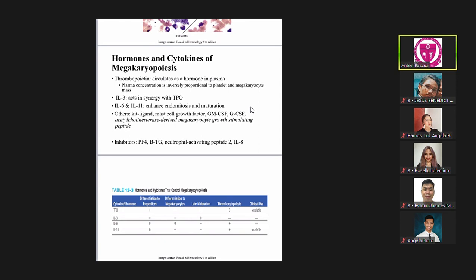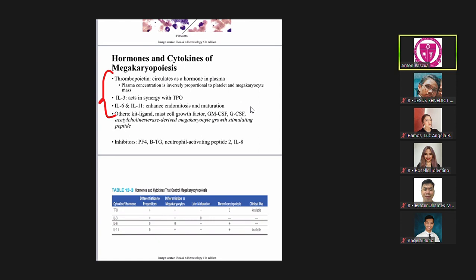Your body will produce what you need. Not too much, nor too less. Just enough. Just the number that your body needs to be functional. Okay? So the stimulants that we have here will be the following. So meaning, pag sinabi nating stimulant, they enhance megakaryopoiesis. They help you create out your platelets.